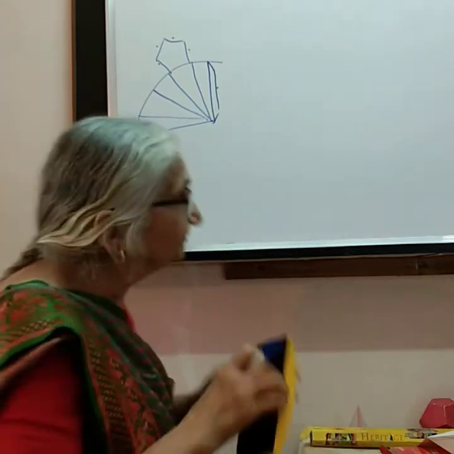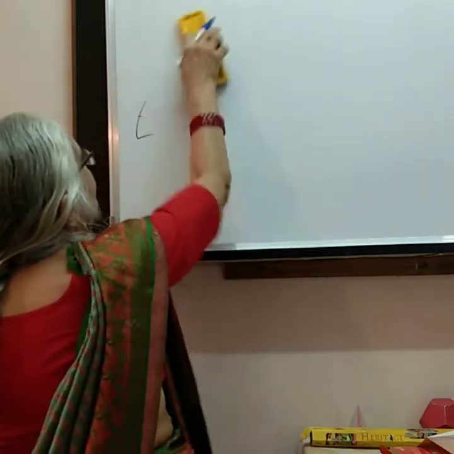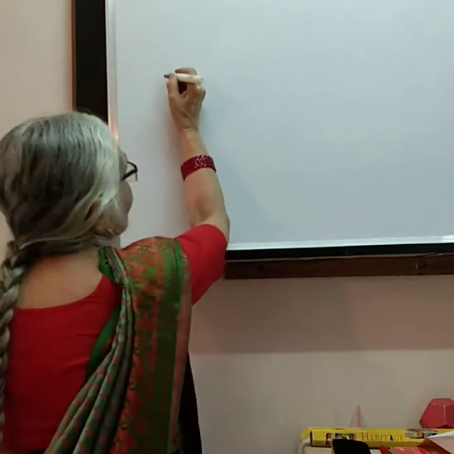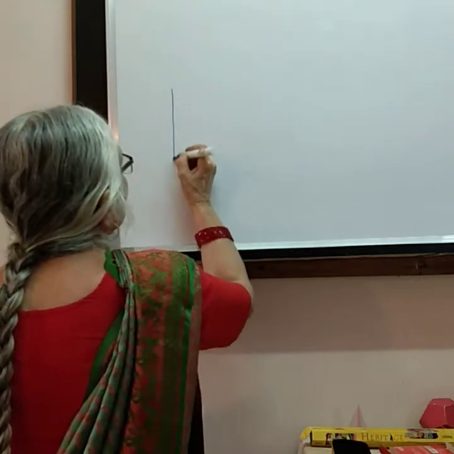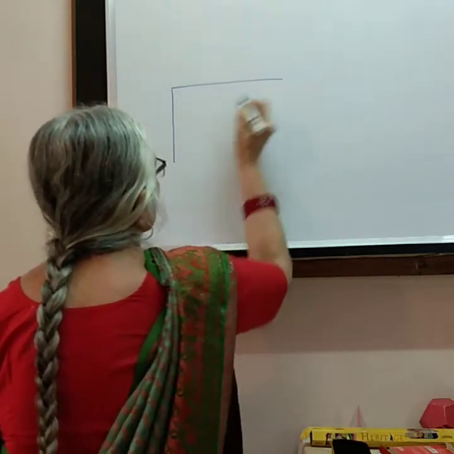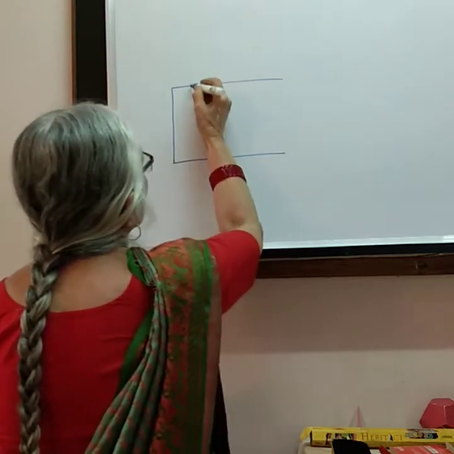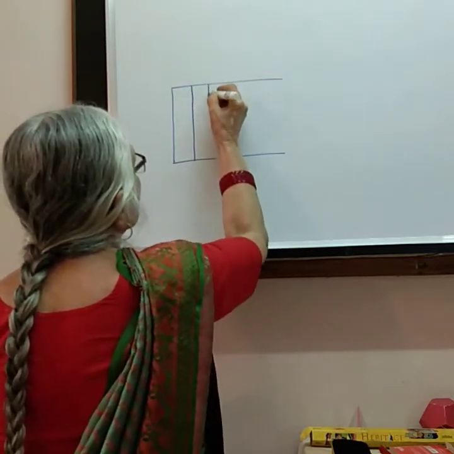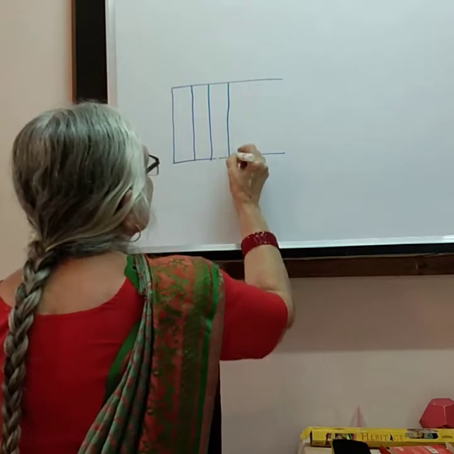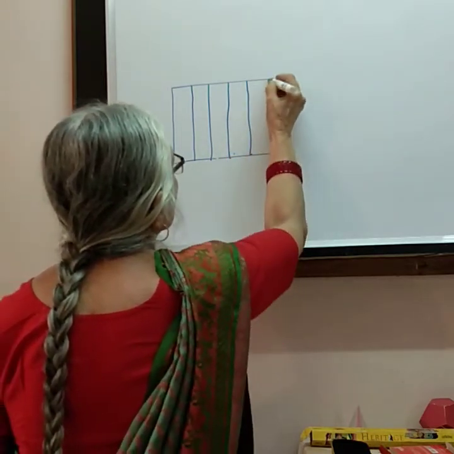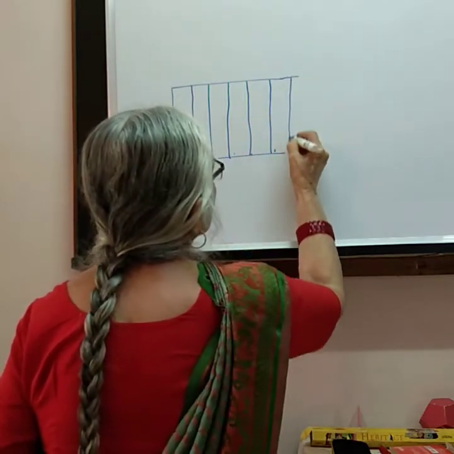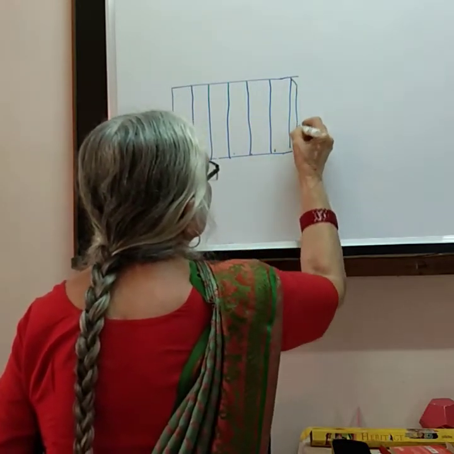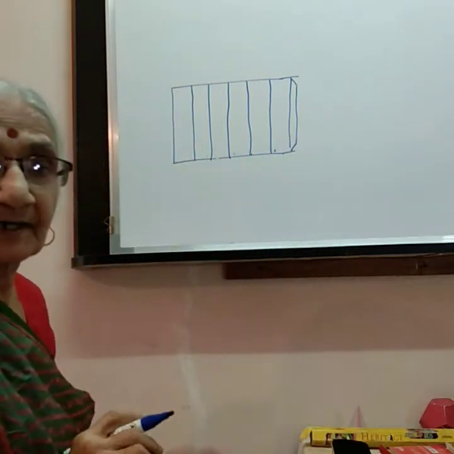And now for a prism, we just saw, suppose we want a prism with 5 sides, or say 6 sides, whatever. Then what have we done now?